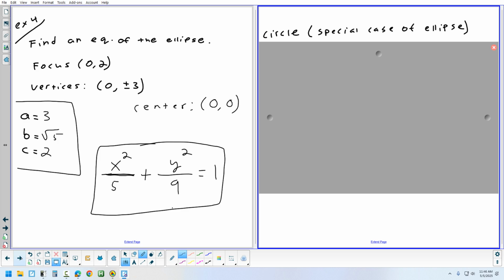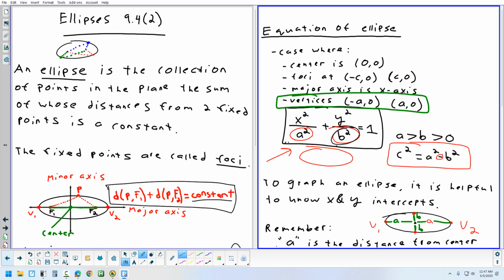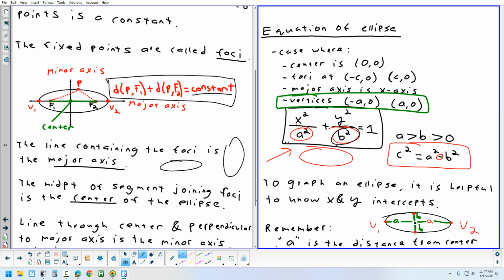Now, I'm only going to say one thing about a circle, and then we're going to do the last thing with an ellipse, which is shifting it. A circle is really just a special case of an ellipse. If I go back to the picture of an ellipse, all the different things that we looked at, a circle is just an ellipse where two things are the same.